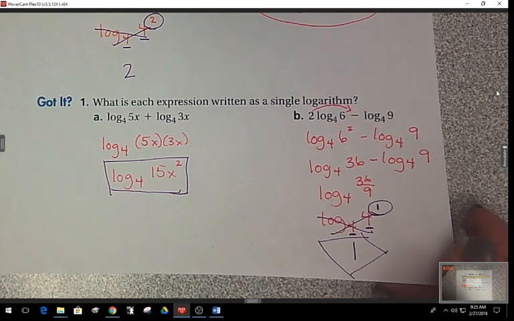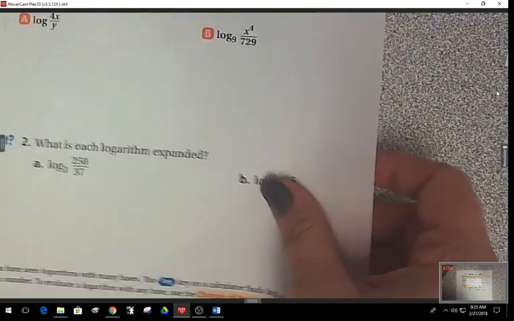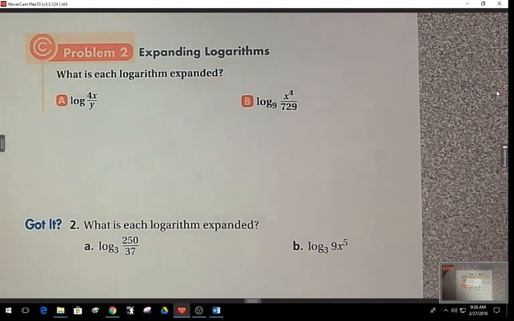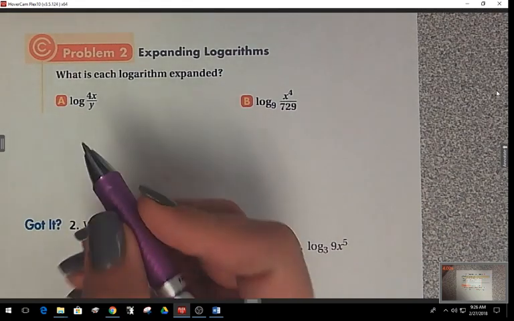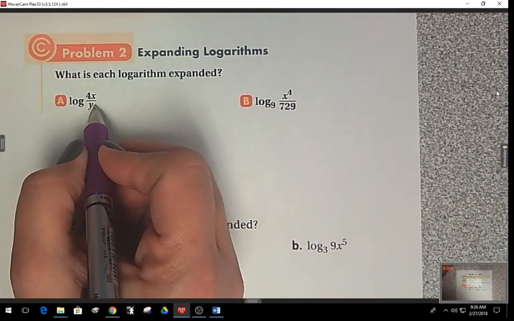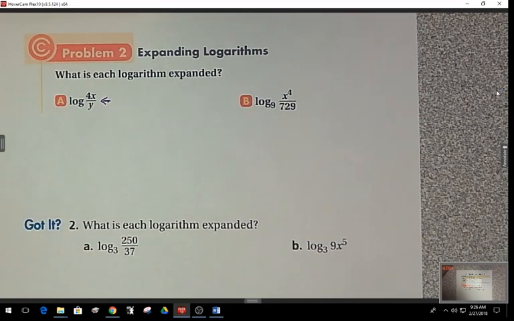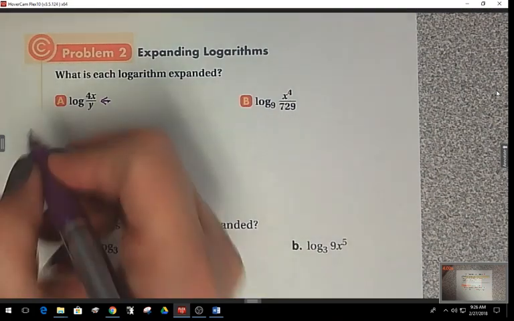All right, moving on. For this problem, they want me to do it in reverse. They want me to expand it as far as it will go. So the very first thing I'm going to do is start by taking this fraction and remembering that it's a division problem, and start by separating that out.